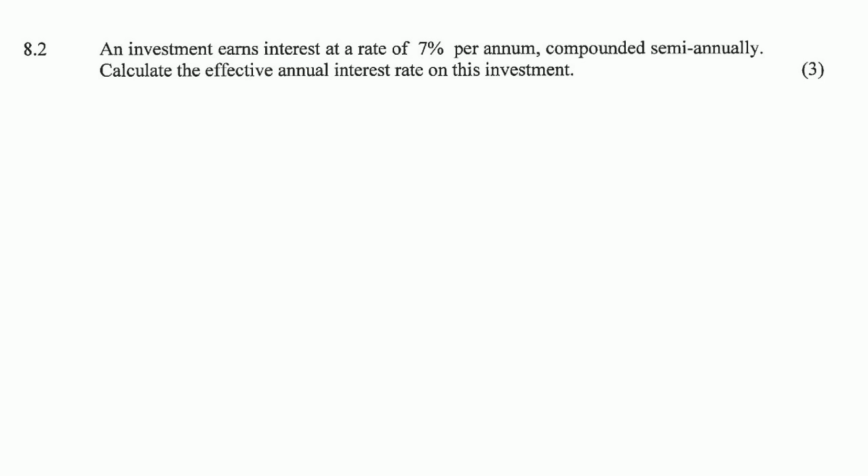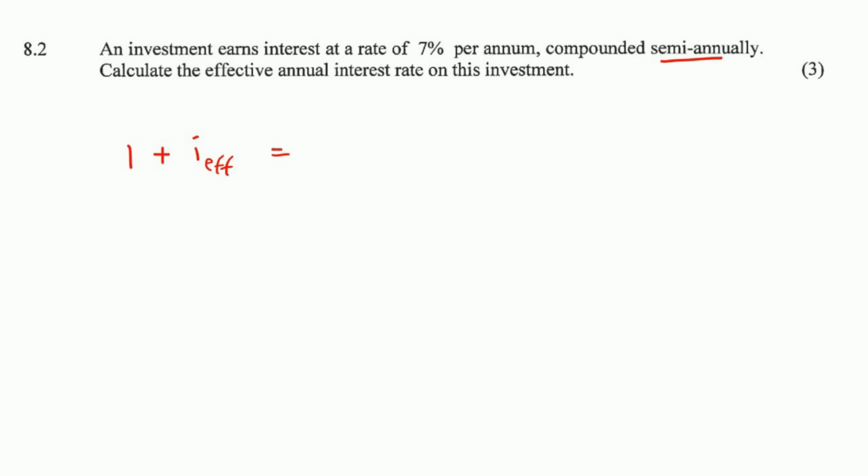An investment earns interest at a rate of 7% per annum compounded semi-annually. Calculate the effective annual interest rate. So it's one of these where we have to convert between effective and nominal. They don't give us this formula on the formula sheet, but the way it goes is like this. Let's actually make this a little subscript.